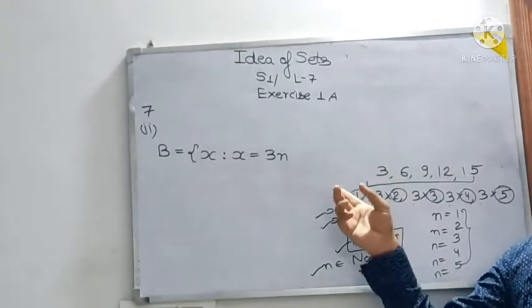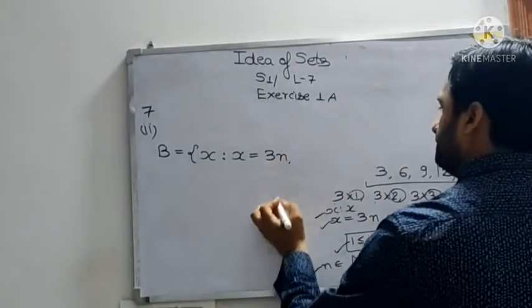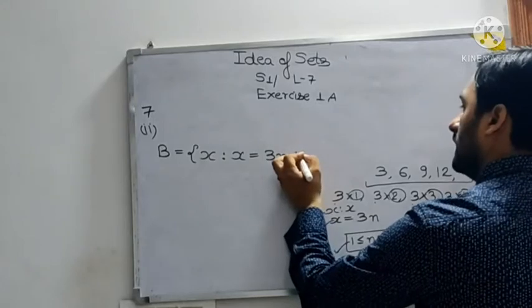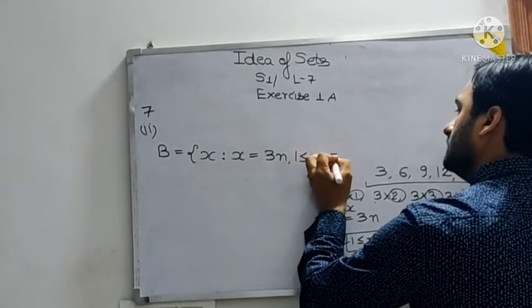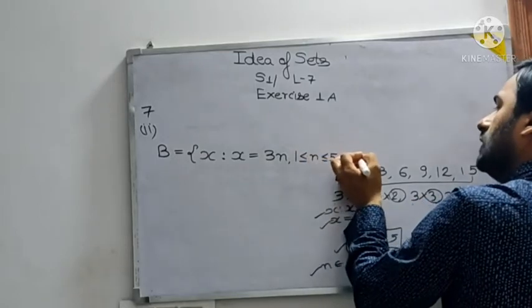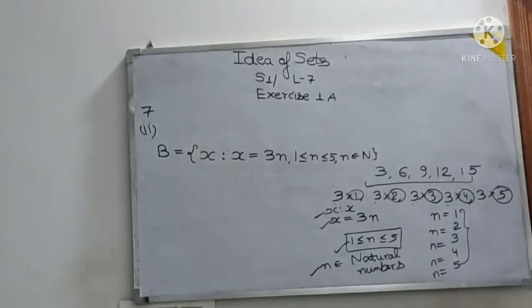Had it been 0, we would have taken n as also 0. And n is an element of natural numbers. That's it. I hope it's clear to all. This should be easily understood by all.